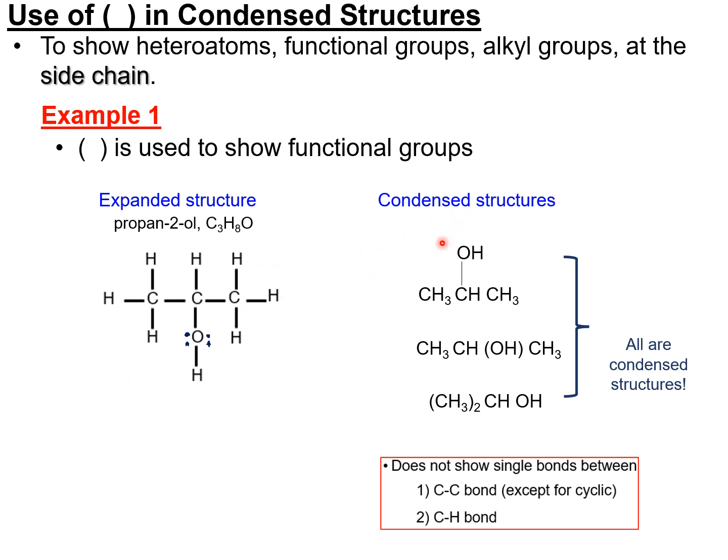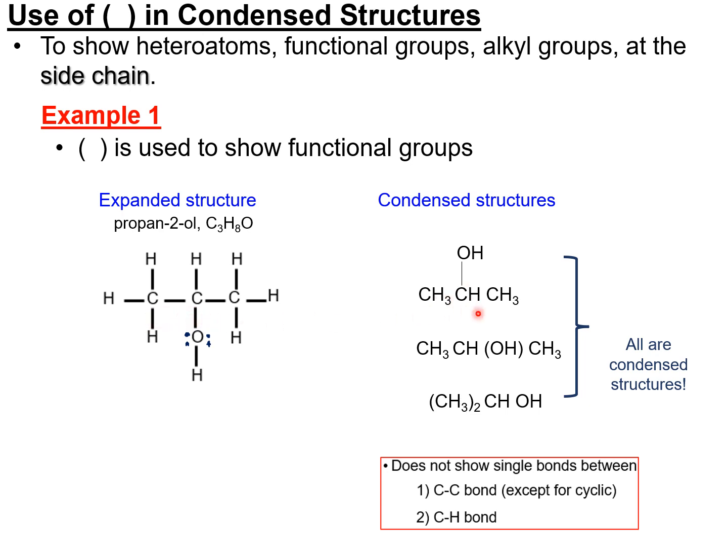Okay, so what if kalau you kena condense this expanded structure? Kalau condensed structure, you need to remember dia akan condensekan carbon single bond dan carbon hydrogen single bond. So for this CH3, kita akan condensekan dia menjadi CH3. And then untuk carbon single bond ni kita boleh condensekan dia juga. So terus hilangkan sahaja dia punya single bond ni.